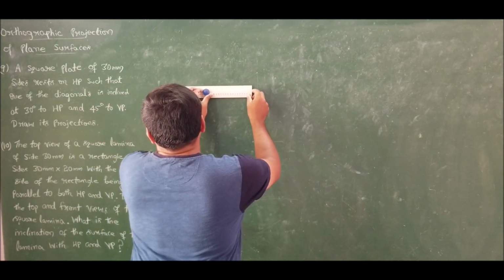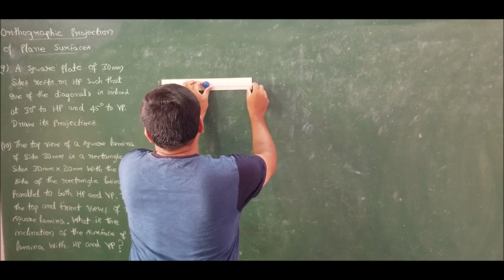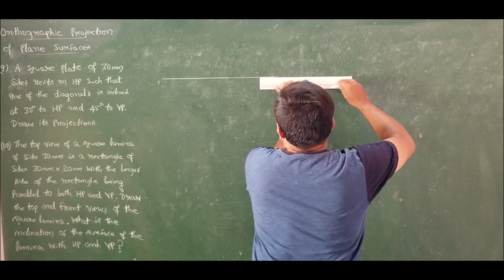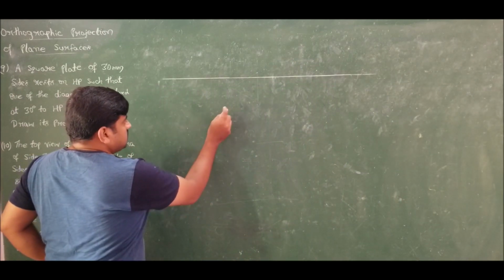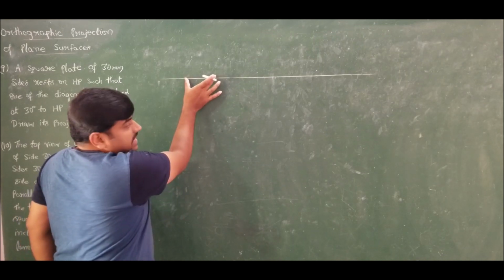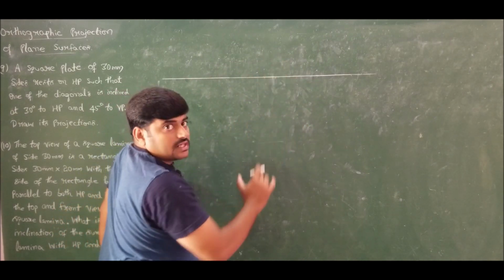So first let us lay down the xy line for problem number 9. I have drawn the xy line. Now if I draw the square such that I take an edge on either side, the projection will give us the 30 mm side, so I am unable to show the inclination of the diagonal further.